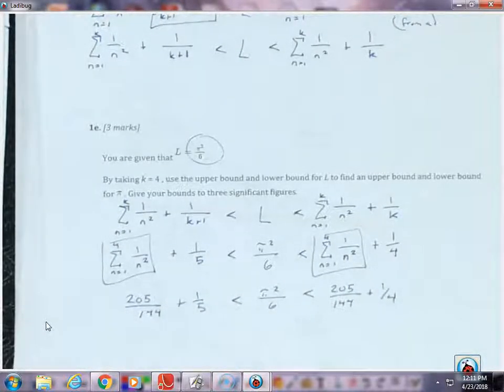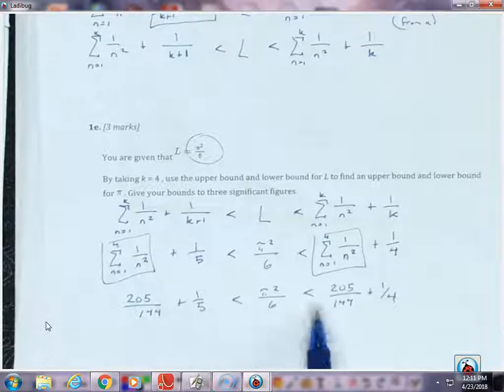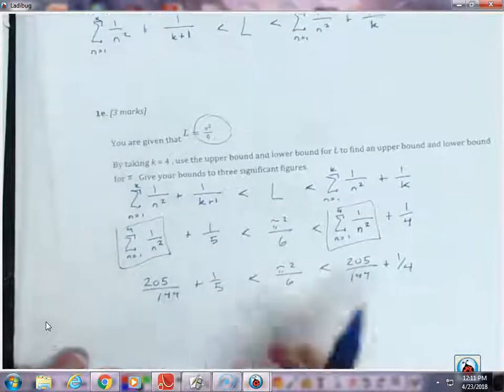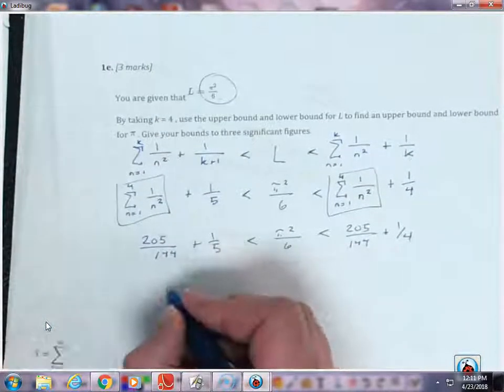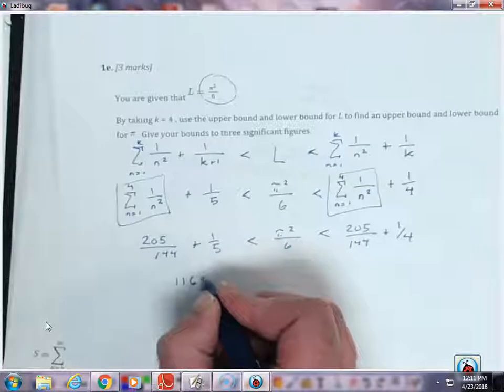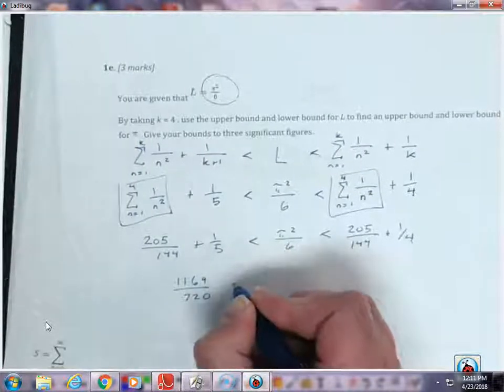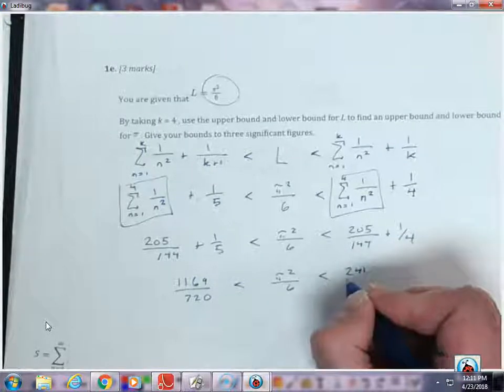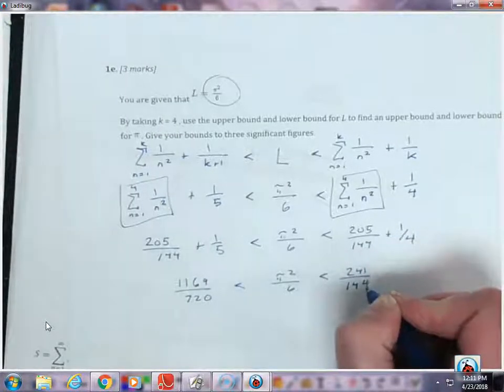Okay, and so you have bounds for pi squared over 6. So basically what you're going to do now is multiply everything through by 6 and then take the square root. If you just add these two numbers on your calculator, you're going to get 1169 over 720, and then 241 over 144.